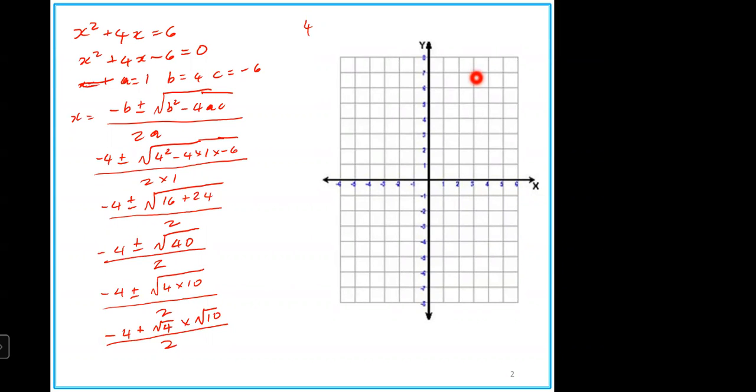The square root of 4 is 2, so we have minus 4 plus or minus 2 square root 10 over 2.